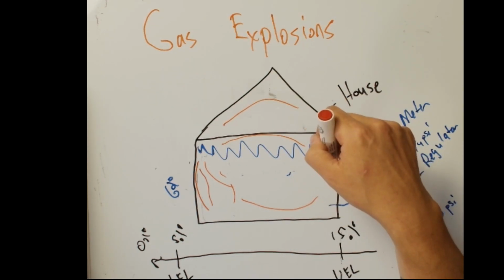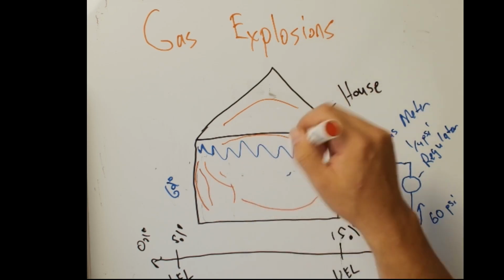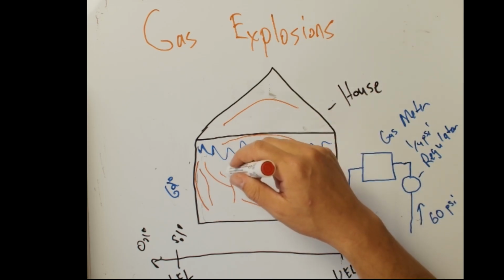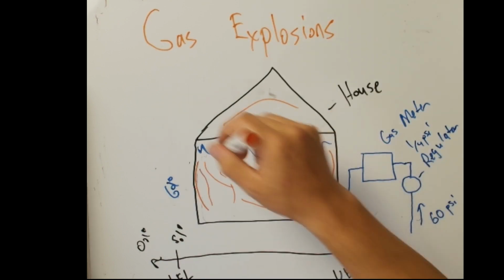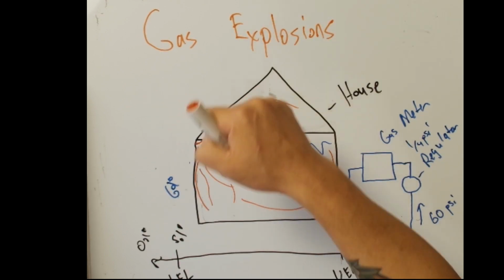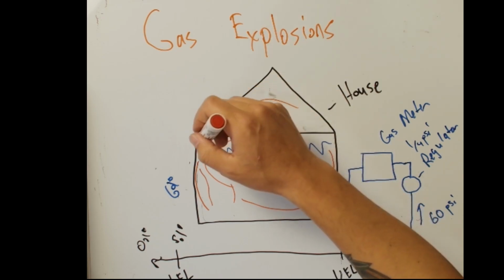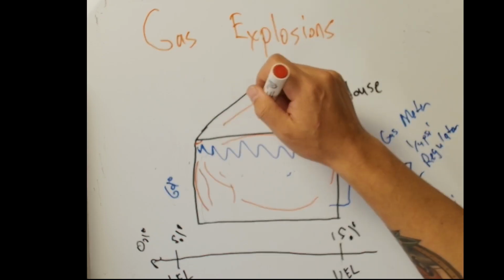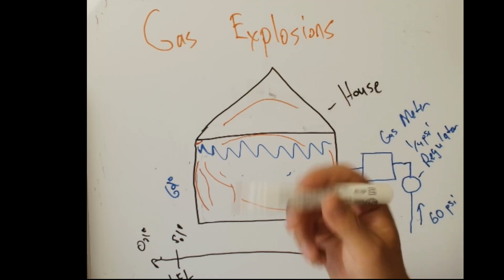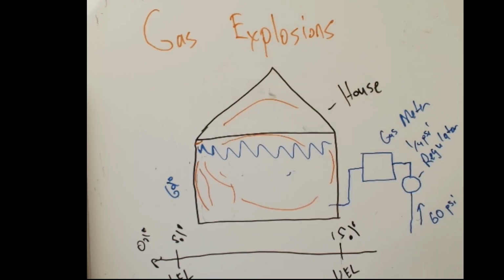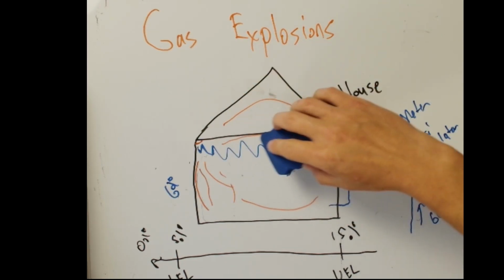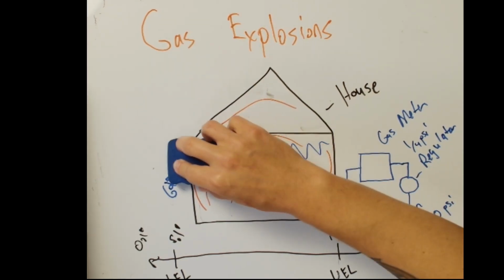And it can't reach any further, and it'll bounce back. Eventually, it will continue to do that until it builds up so much pressure that something in these walls will fail. Usually, it's up here, because this is where your cloud of natural gas is going to be. So it's usually going to be this corner, and it'll lift up your roof. This doesn't take a long time. It happens in milliseconds. So this flame front will travel through, and you will have an overpressure from containment.